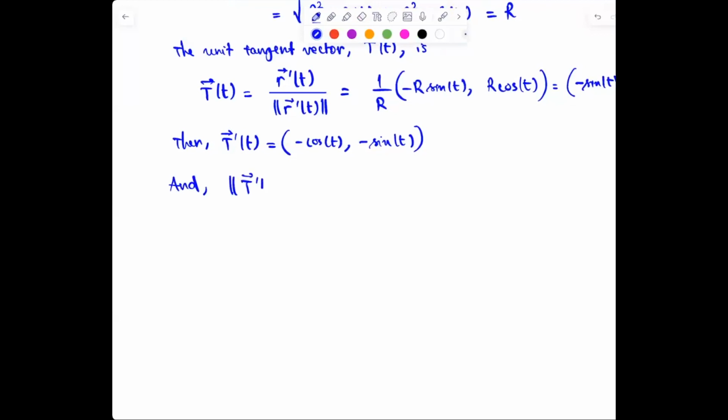The magnitude is equal to the square root of negative cosine of t squared plus negative sine of t squared.